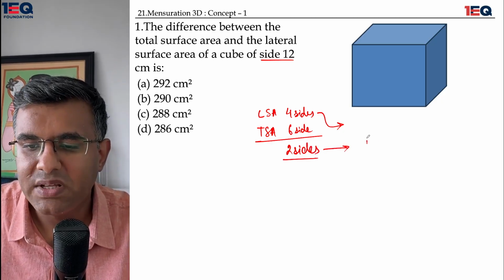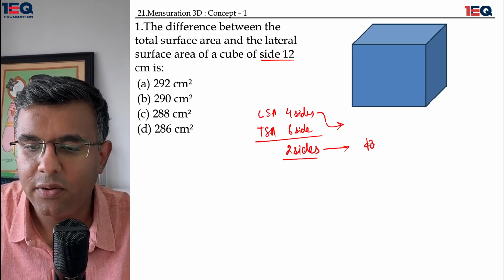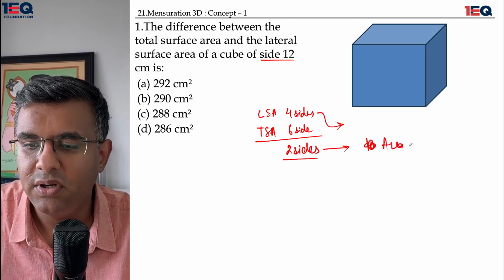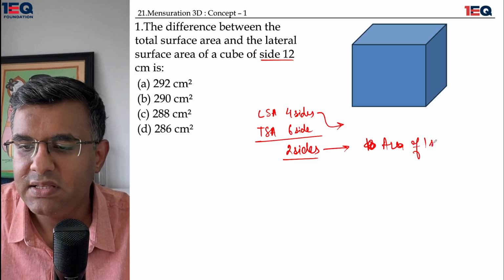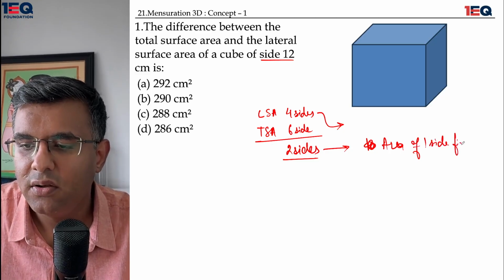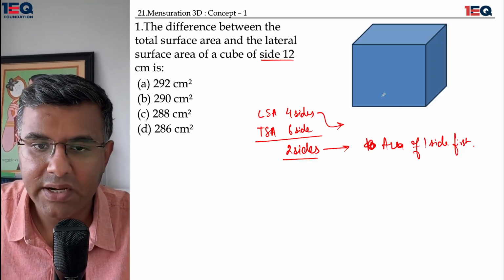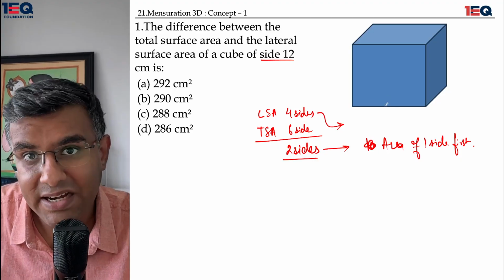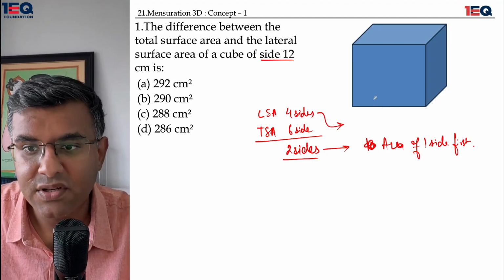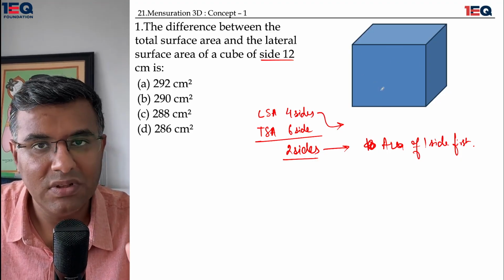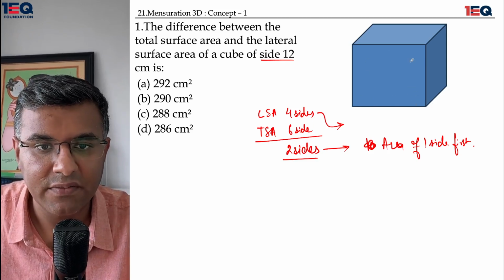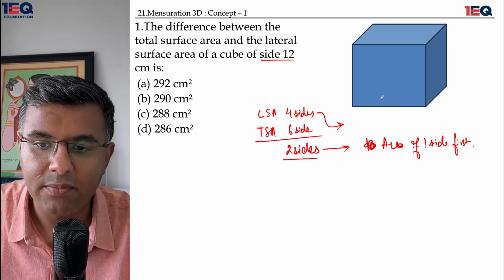So what is the area of one side? We need to find out the area of one side first. When I'm talking about area of one side, I need to find out the dimensions of the side itself. Let's assume the front face of the cube is the side we are talking about.